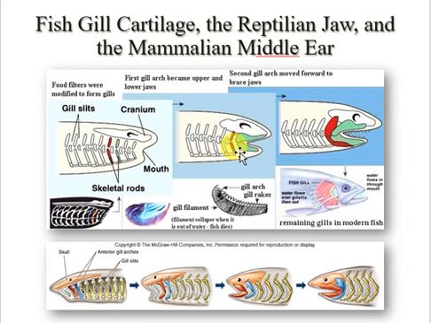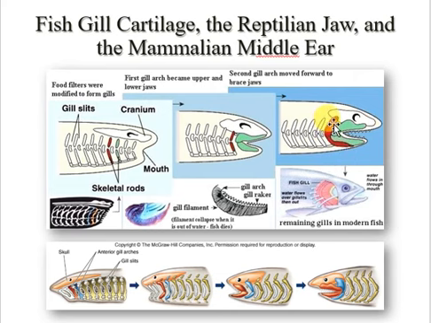The second gill arch moved forward, and the second arch is also known as the hyoid arch. So that hyoid arch moved forward and extended from the quadrate bone, which was situated at the rear of the cranium, and formed around the angle of the jaw and acted to support that early jaw.